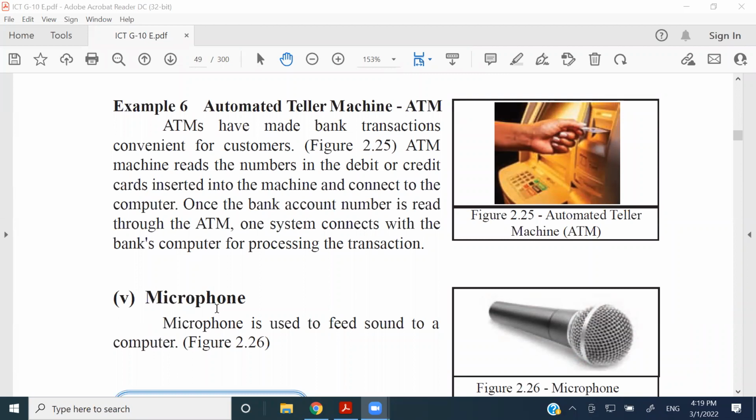Yeah, anyway, let's have it as automated teller machine, ATM. And it's better you clarify it like this, so then it will be meaningful. As well as regarding the microphone, it is feeding the sound to the computer.